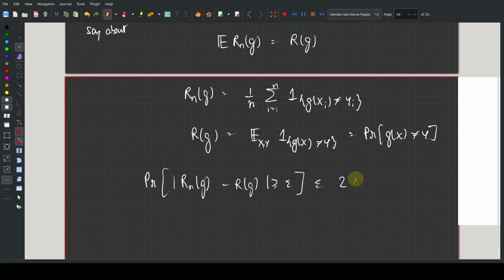What is the tail bound? If you want, you can say greater than epsilon times R of g.